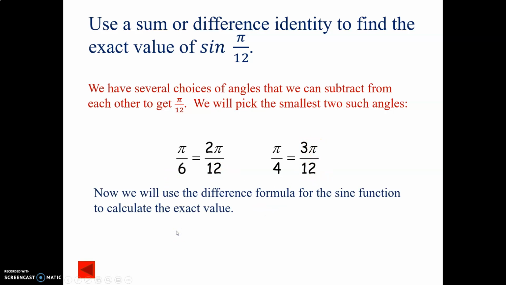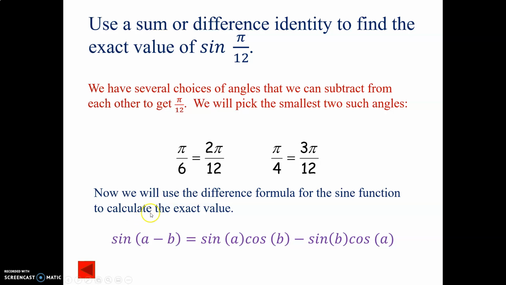If we subtract these two, we use the difference formula for the sine function to calculate the exact value. So again, the original problem was sine. We saw that if we subtract the 2 pi and the 3 pi, that will give us pi. So we're using sine and subtraction. So there's the formula that we're using.